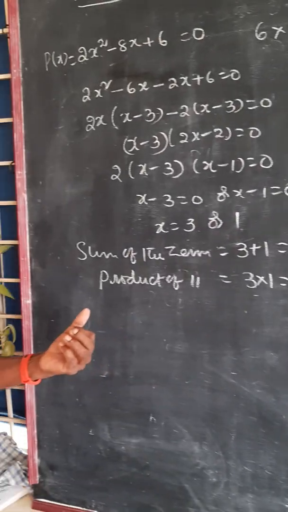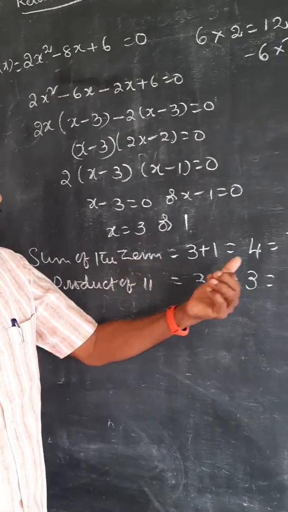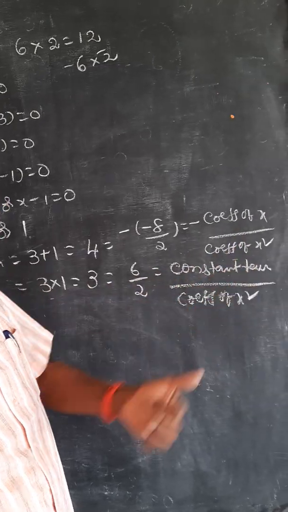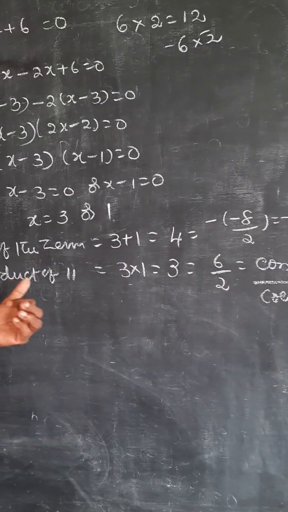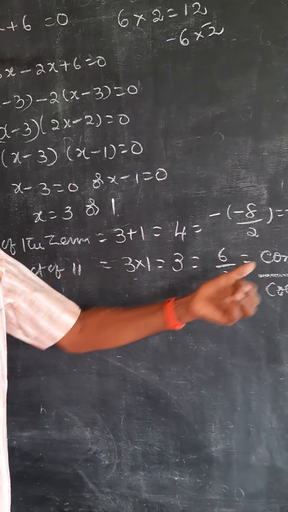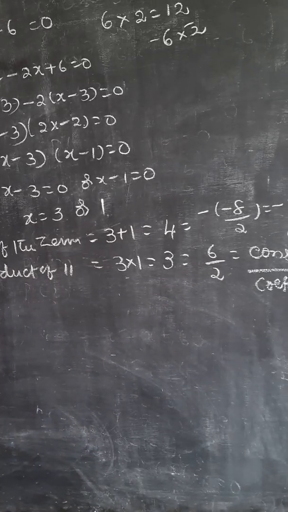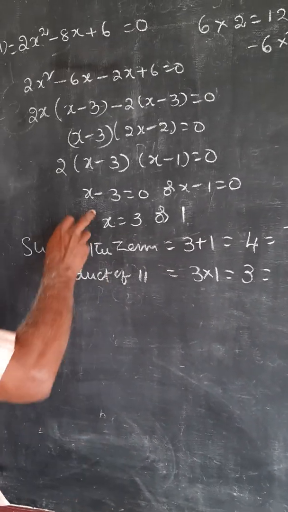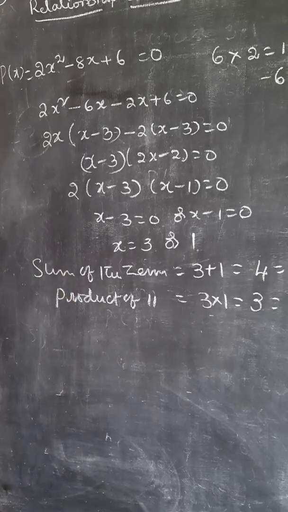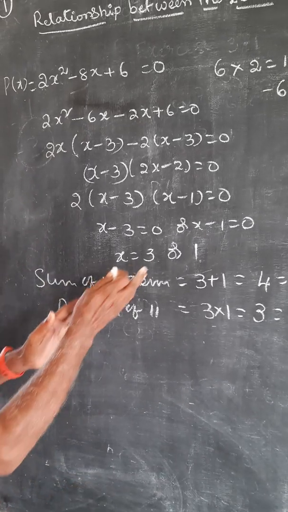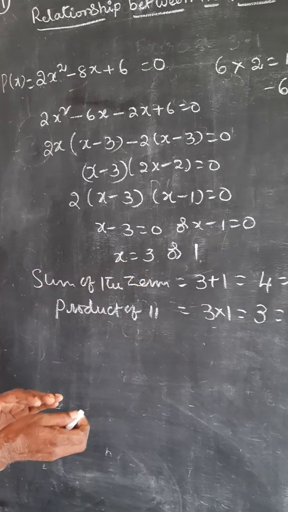So we obtain two formulas: the sum of the zeros is -(coefficient of x)/(coefficient of x²), and the product of the zeros is constant term/coefficient of x². There are infinitely many polynomials containing the zeros 1 and 3.